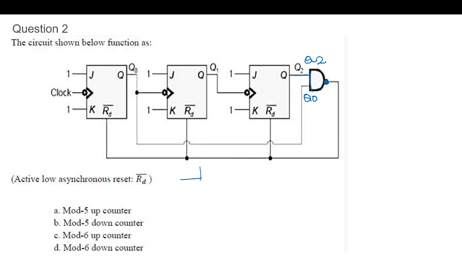So if we plot it, this will be our clock.